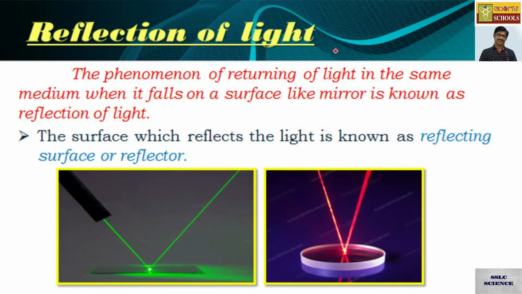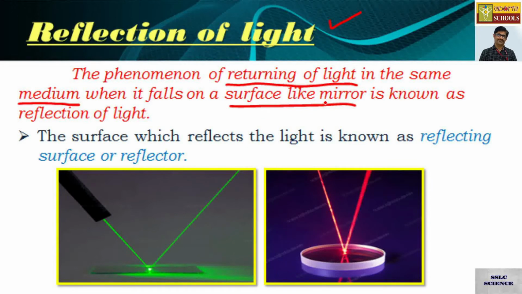Dear students, let us move to the main part of the topic, that is reflection of light. Definition: the phenomenon of returning of light in the same medium when it falls on a surface like a mirror. When light falls on a surface like a mirror, the light returns to its medium where it was initially.